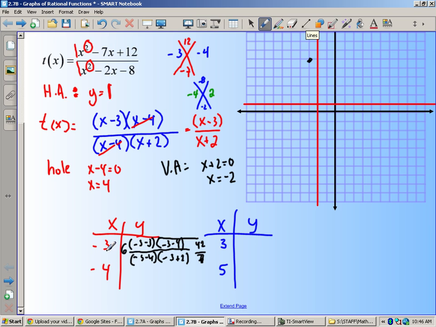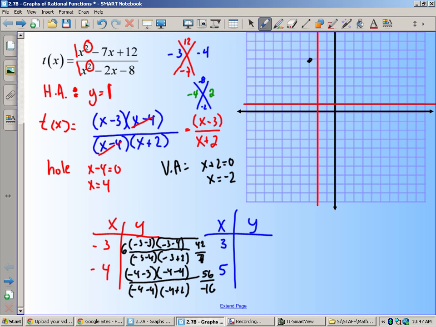If I put in -4, I get -4 minus 3 and -4 minus 4 all over -4 minus 4 times -4 plus 2. Simplifying this, I get -7 times -8, which would be 56, and then -8 times -2, which is 16.